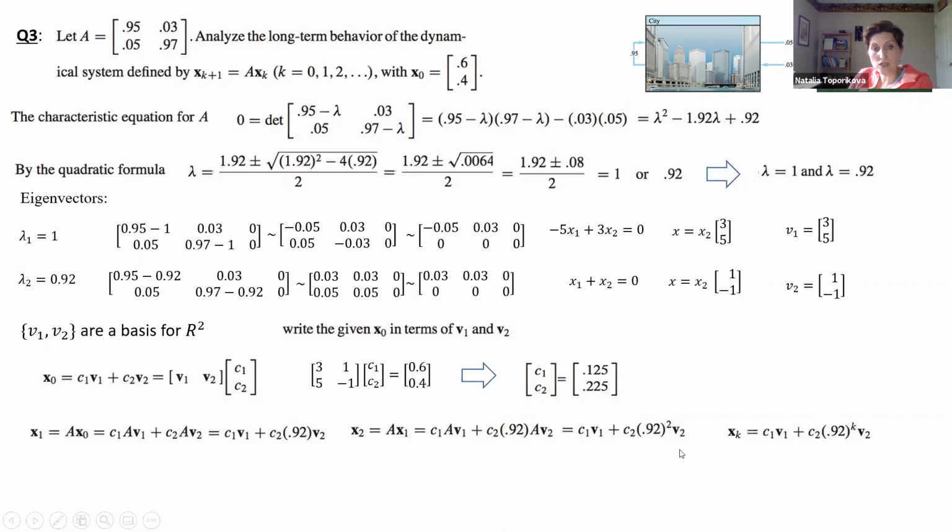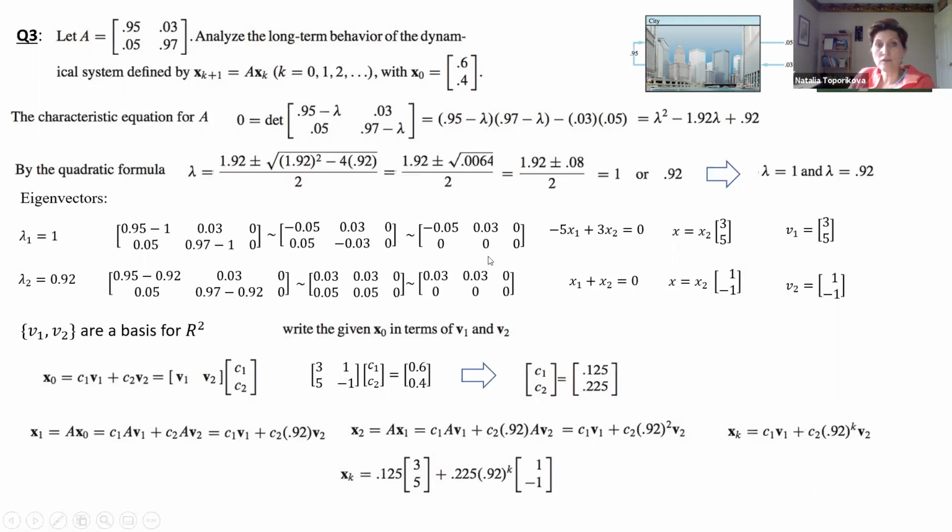We can explicitly substitute our weights c1 and c2 and our vectors v1 and v2, and write an equation for our vector xk for absolutely any step k.